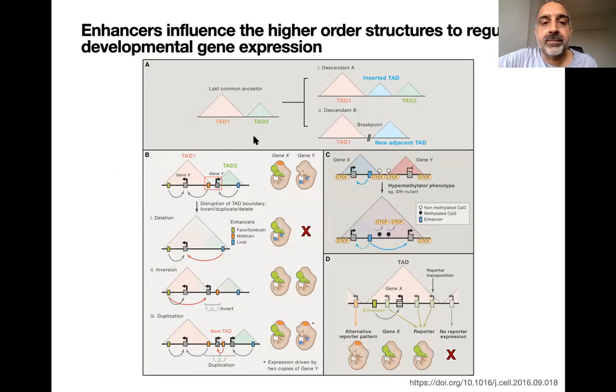We have these particular TADs, and this concept now takes groups of enhancers that may be organized in TADs and thinks about evolving new regulatory elements in the context of duplicating TADs, for example.